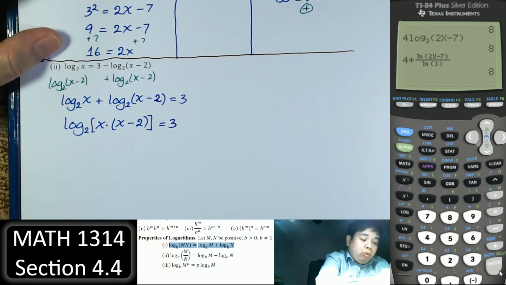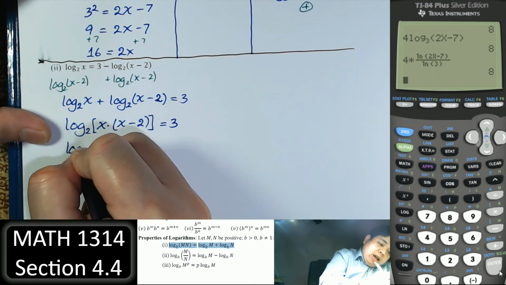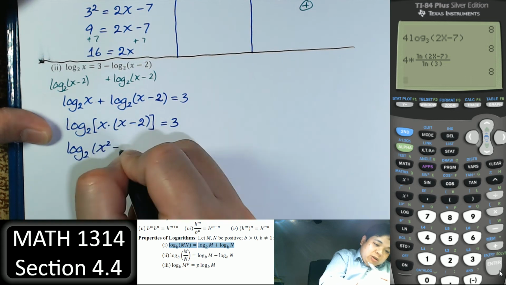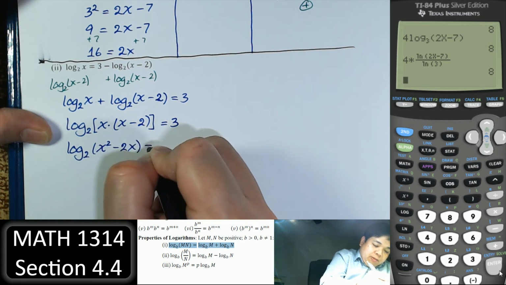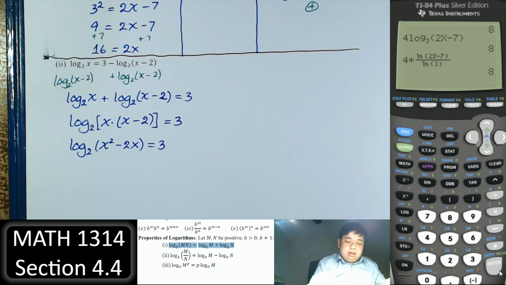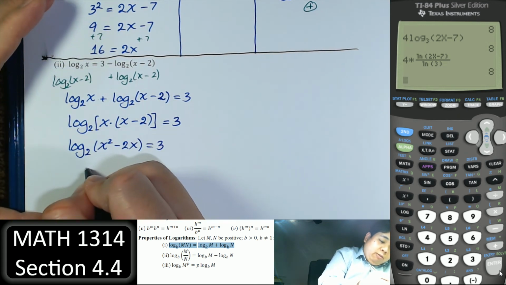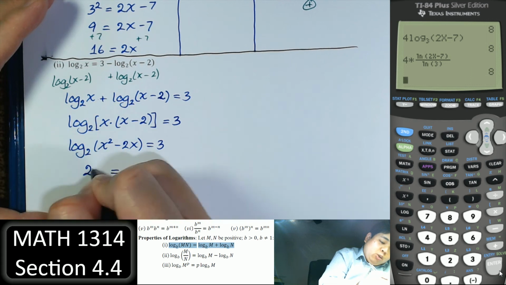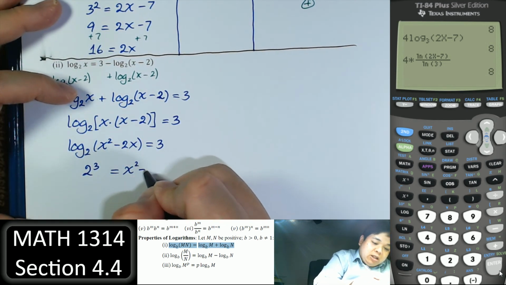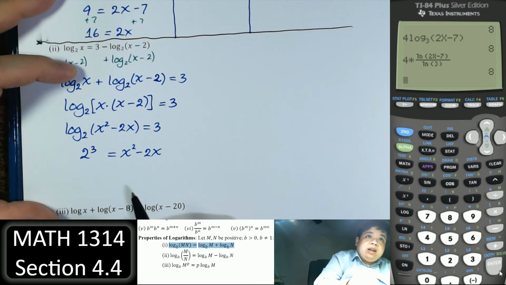Right? That's what we have. We write that as x squared minus 2x. I just multiply it out. And then a log equal to a number. We swap to exponential form, the base of 2, the 3 goes here, and x squared minus 2x goes there.